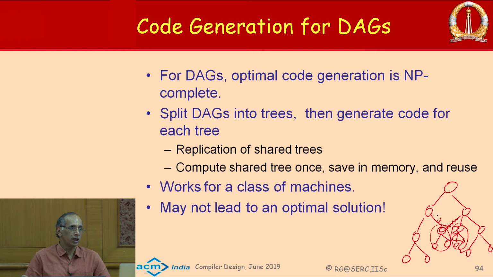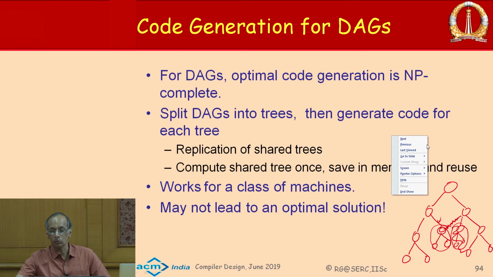So, instead of repeating the computation twice, you do the computation once, store it in memory, and on the other side you essentially use it. That is the second approach: compute the shared tree once, save it in memory and reuse. This in general works for a class of machines, but again you have to remember that this may not necessarily result in the optimal code.